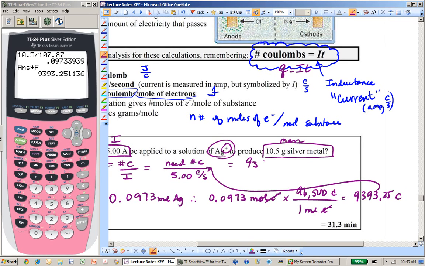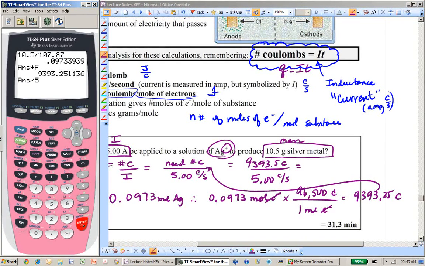So 93.25 coulombs over 5.00 coulombs per second is going to give me the time that I seek in seconds. So I simply divide this by 5. And I come out with 1878 seconds.